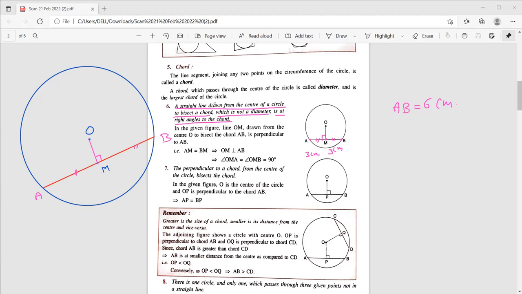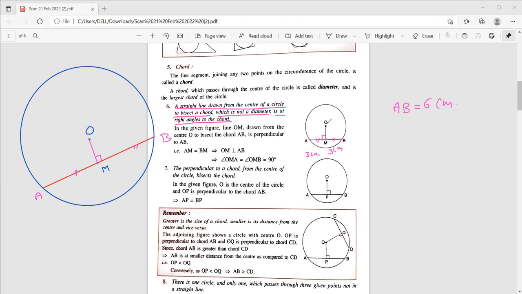That is what is written. A straight line drawn from the center of a circle to bisect a chord, which is not a diameter, is at right angles to the chord. Now the converse of this, whatever you had in the statement 6, its converse. So see what is converse. A perpendicular to a chord from the center of the circle bisects the chord.